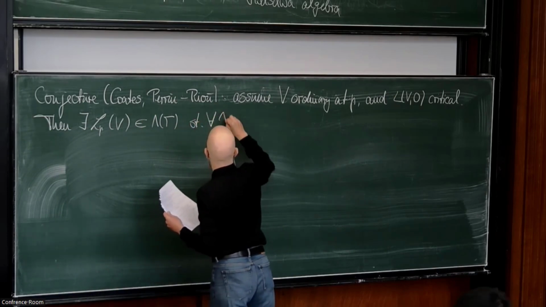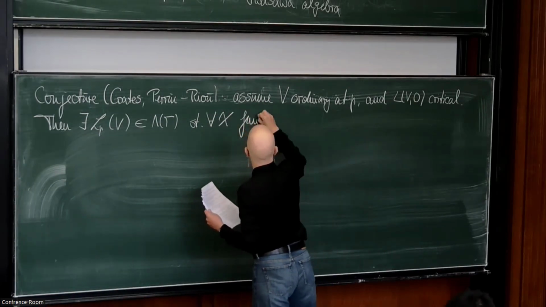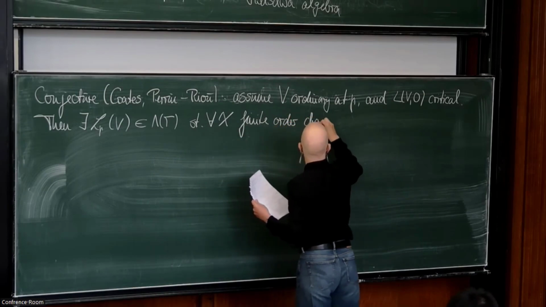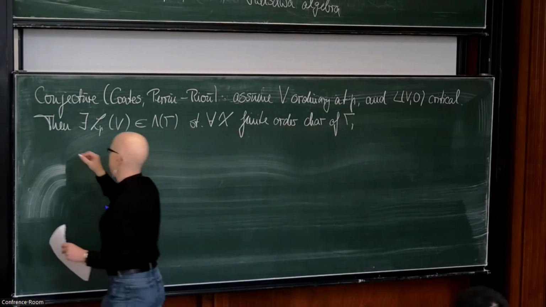Such that for all chi, which is a finite order character of Gamma, we have the following interpolation property.